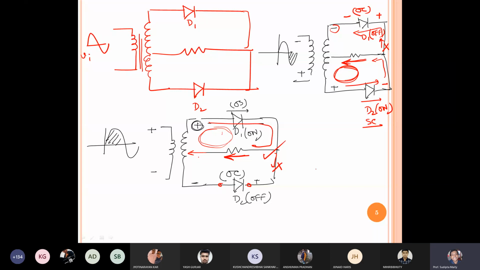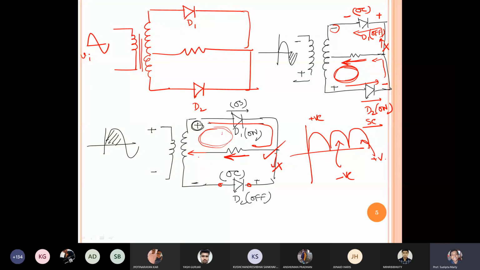So the output will be like this always. This one is for the positive half cycle, this one is for the negative half cycle, and again this one is for the positive half cycle. So in this case, we have used two diodes to implement the full wave rectifier, where during any one half cycle only one diode is working.